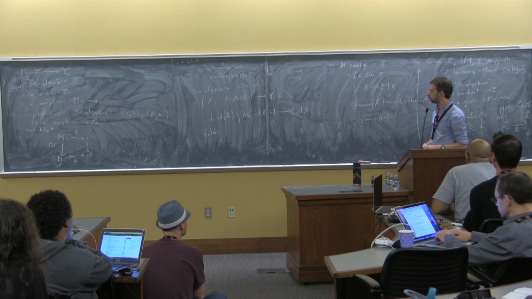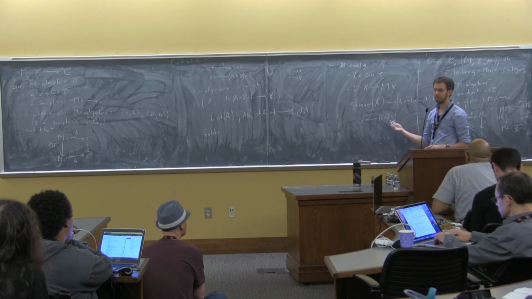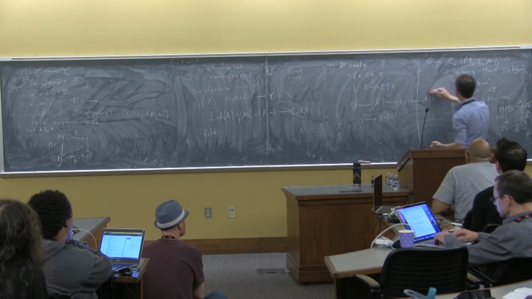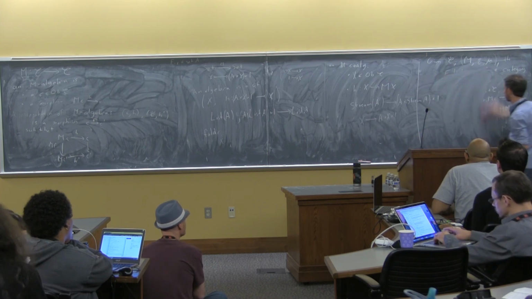So I could tell you how to go from list A to stream A via all this stuff if you want. What's the map from list A to stream A? It comes to you from this initial terminal stuff.